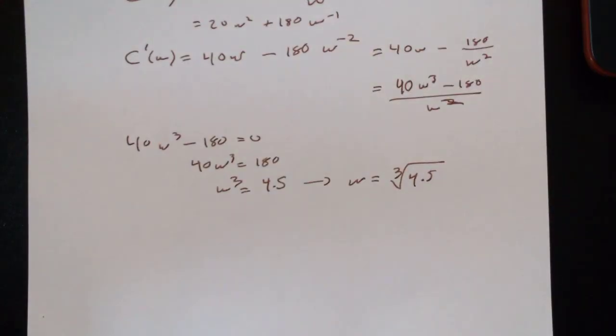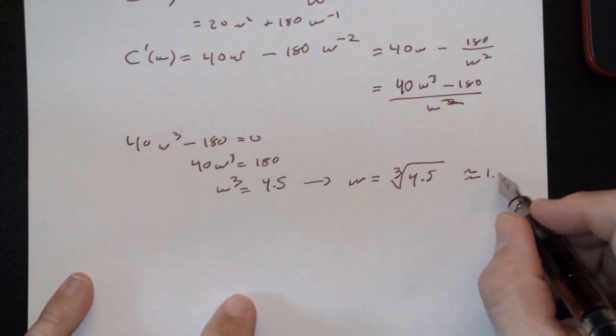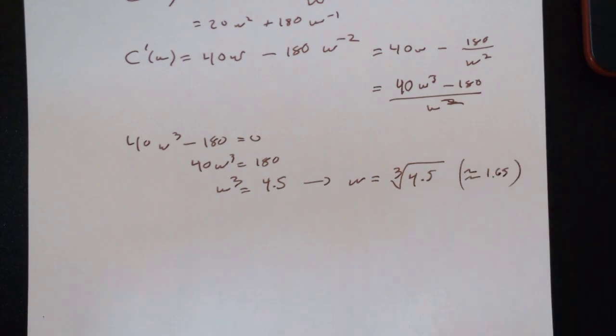Somewhere between 1 and 2. 1.65. 1.65 what? There's got to be a unit that goes with that number. What are the units for this problem for width? Meters. We're dealing with cubic meters for volume. It's meters by meters by meters. Great.